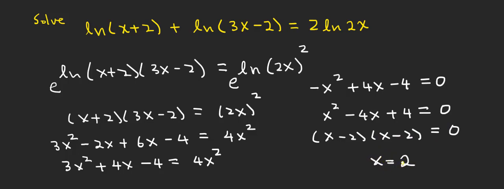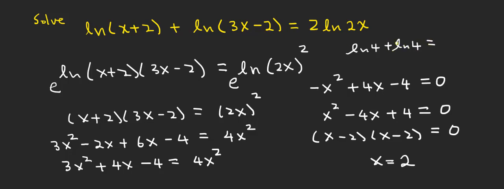Now make sure you double check. Plug in 2 and see if you get the same numbers on both sides. When you plug in 2 here, what do you get? You get natural log of 2 plus 2, which is natural log of 4. What about over here? 3 times 2 is 6. 6 minus 2 is 4. So plus natural log of 4.